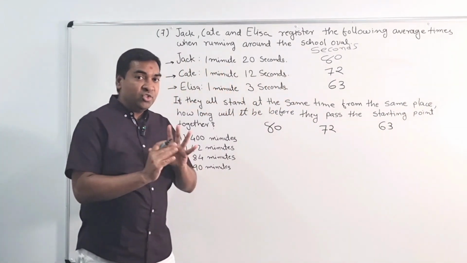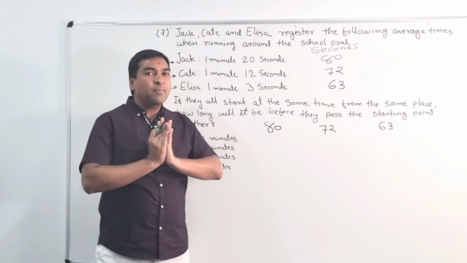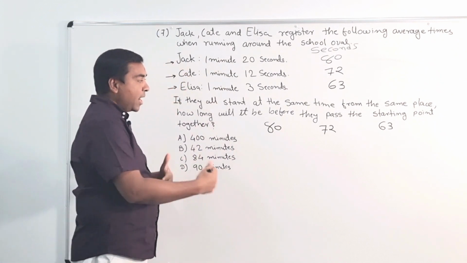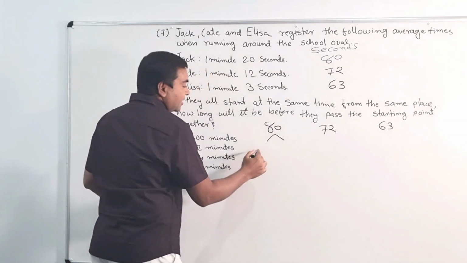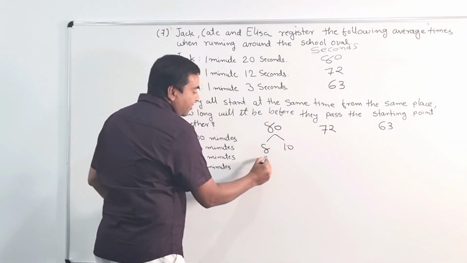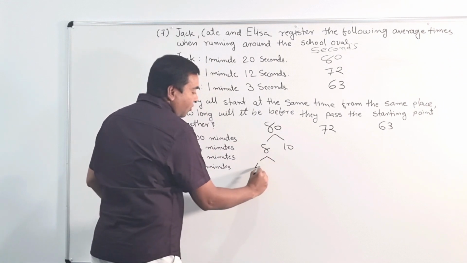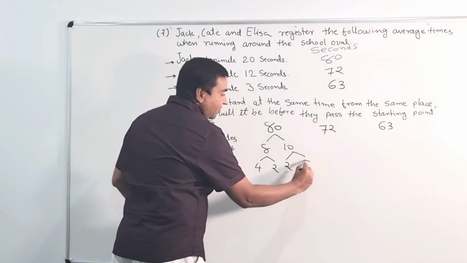I am going to change all these numbers into their prime factors, guys. So let us say 80 is nothing else but 8 times 10. Then I can further change that into 4 times 2, and this is going to be 2 times 5.